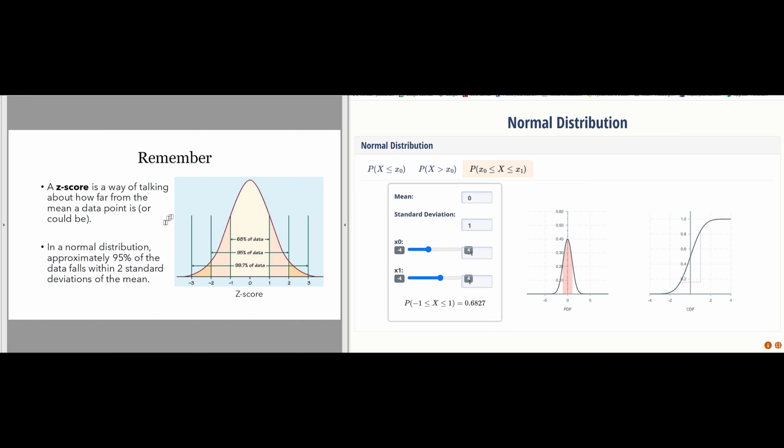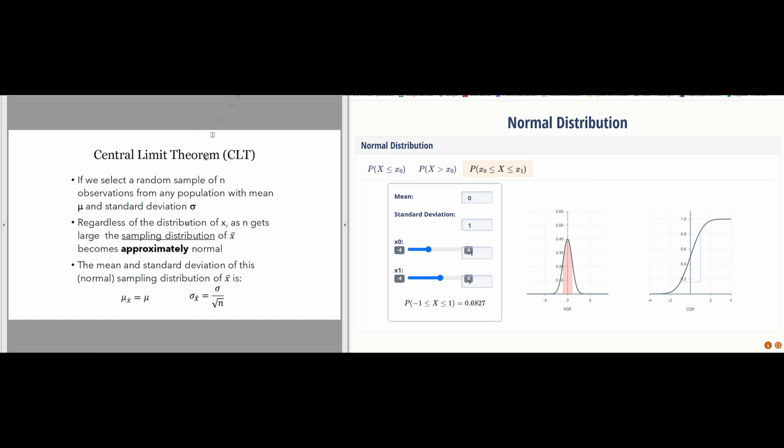All right, I need to remind you of a couple of things from Module 3 before we press on here. First of all, let's remind ourselves what the central limit theorem says.